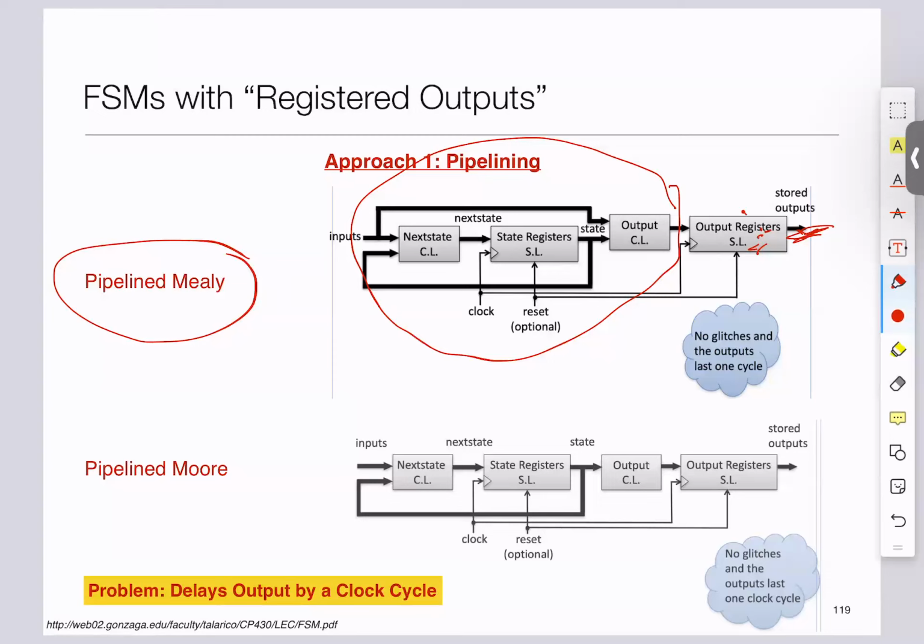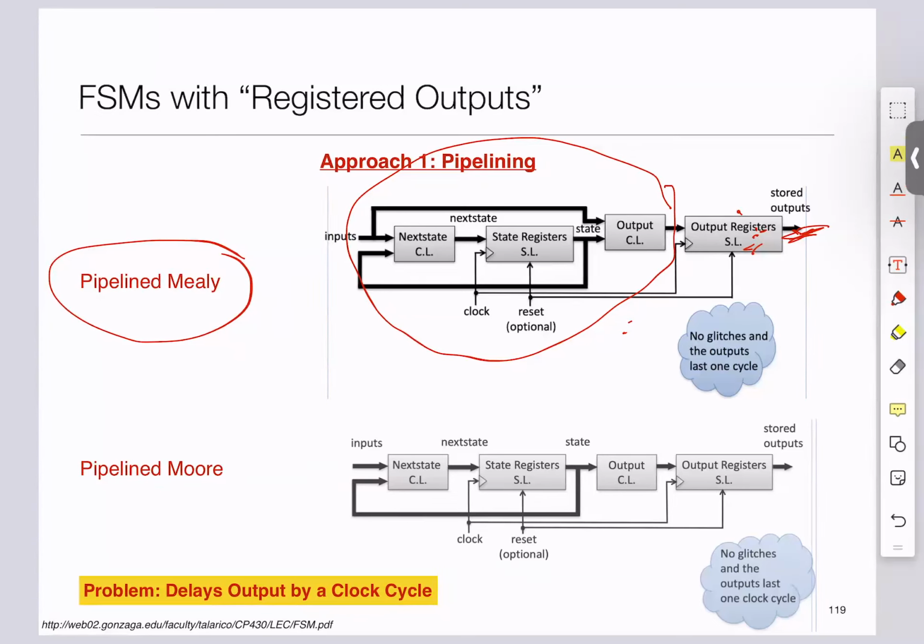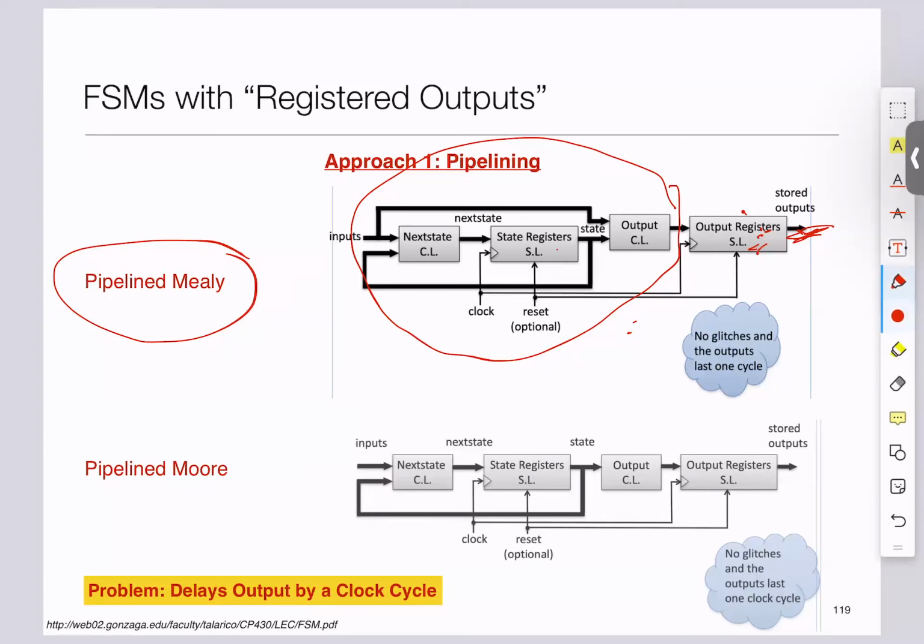Let's say in this design, I had 5 bits of state registers. Let's say this was 5 bits. And let's say I had 3 outputs. Let's say it was 3 bits. How many states does this system have?